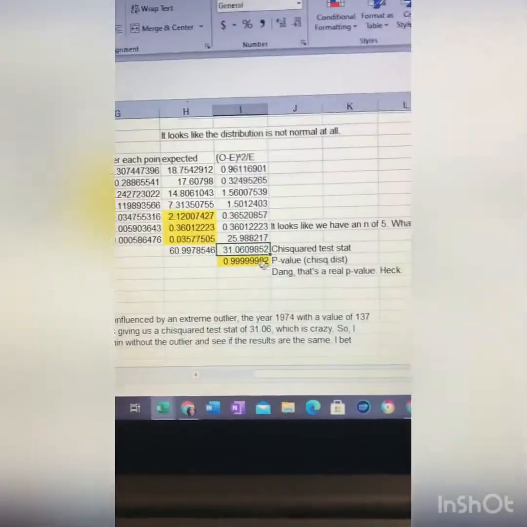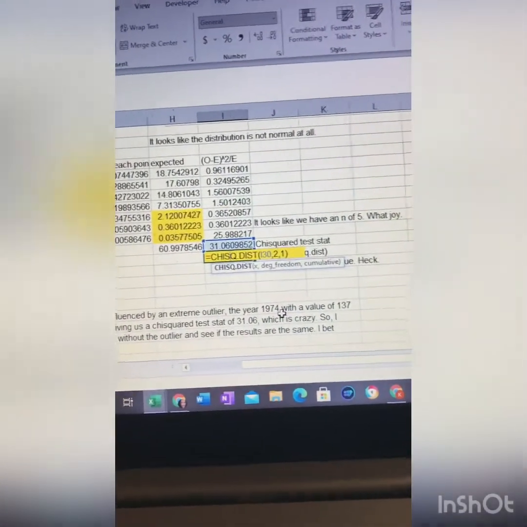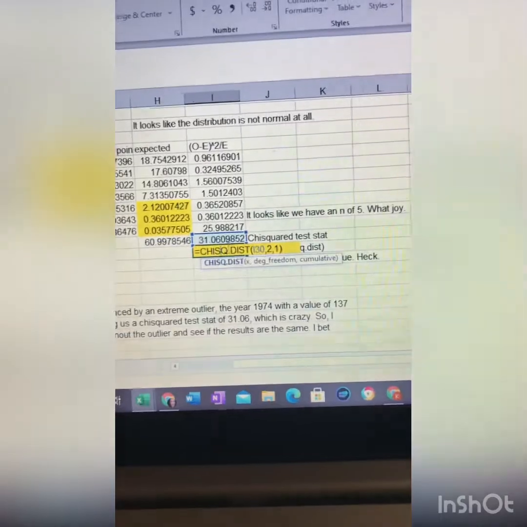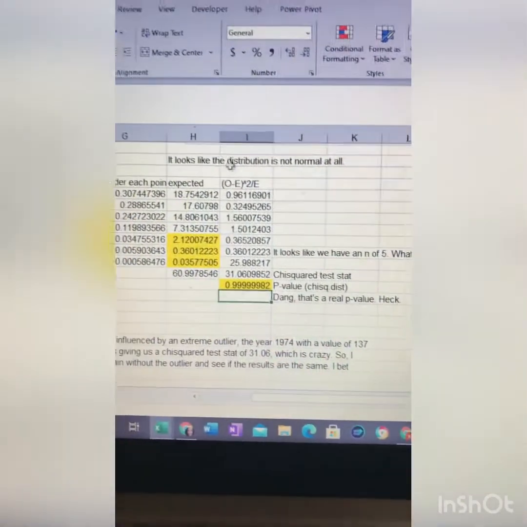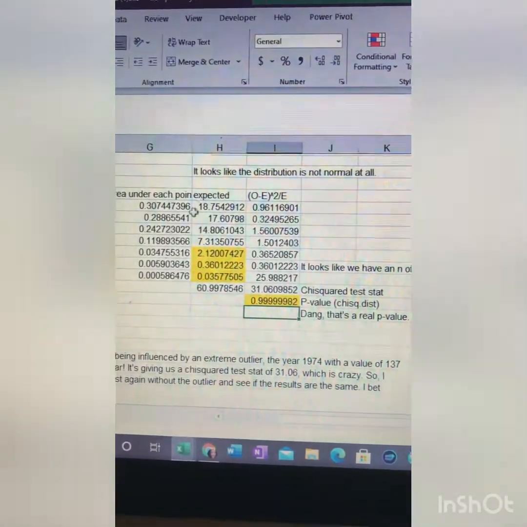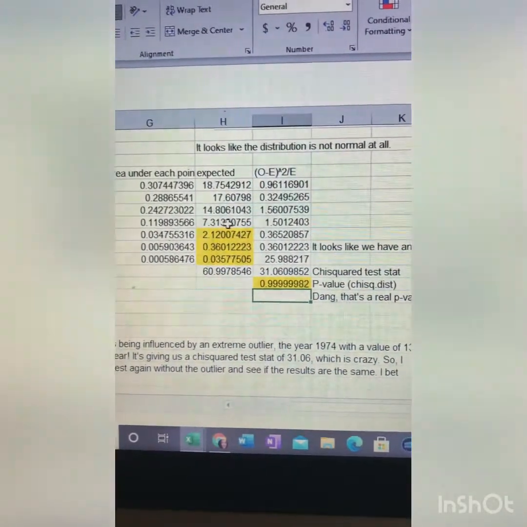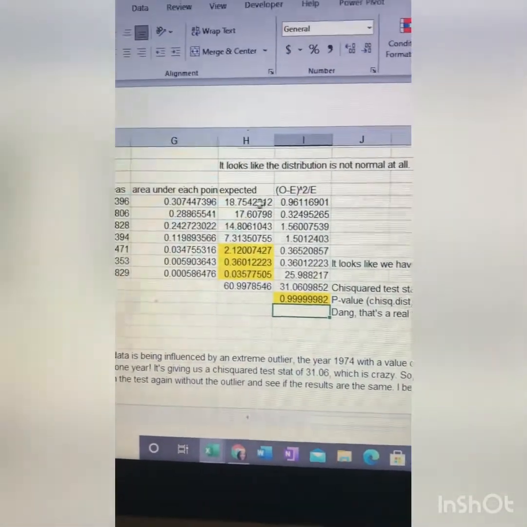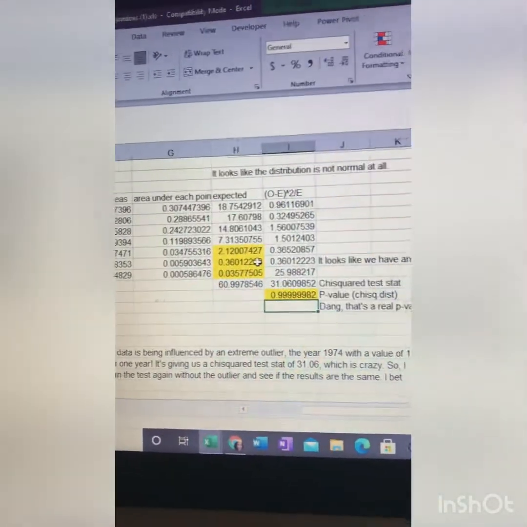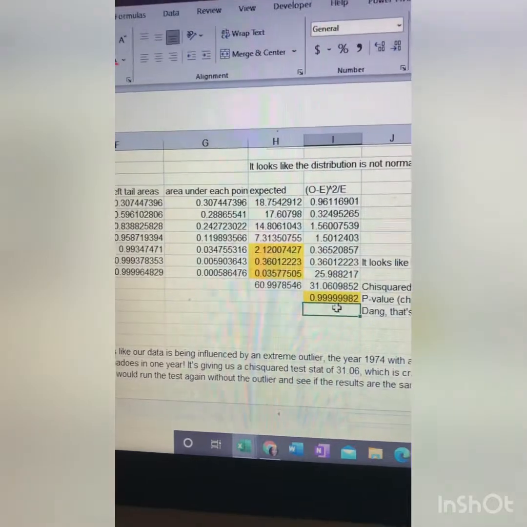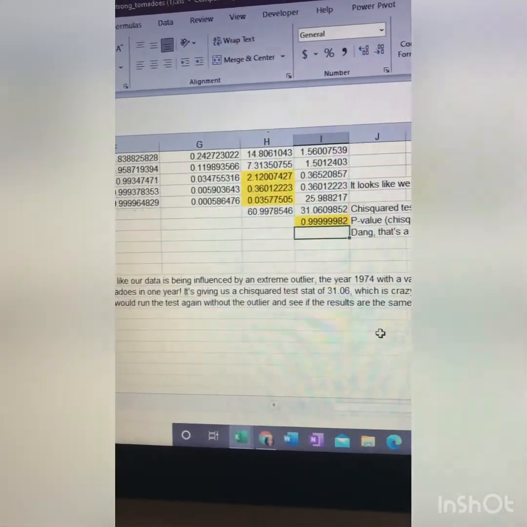When we plug our chi-square test statistic into our p-value, where we do chi-square.dist with our x and then the degrees of freedom, to calculate the degrees of freedom, we take all of the expected values that are greater than 5, which are 18, 17, 14, and 7, and make those each separate classes, and then all of the expected values that are less than 5 become one class. That gives us an n of 5. We'll plug that into our chi-square distribution, which gives us a p-value of 99%.